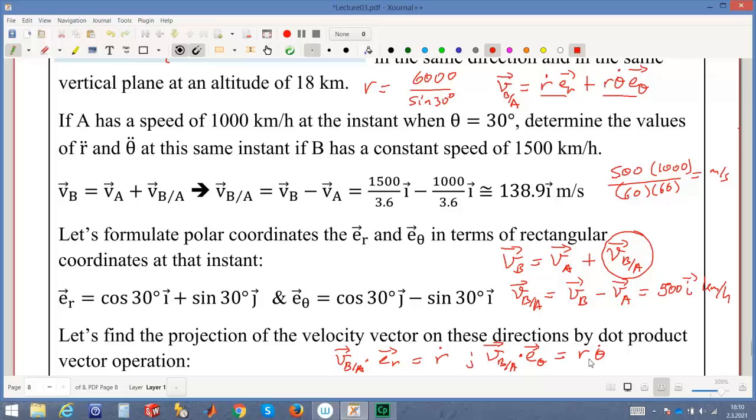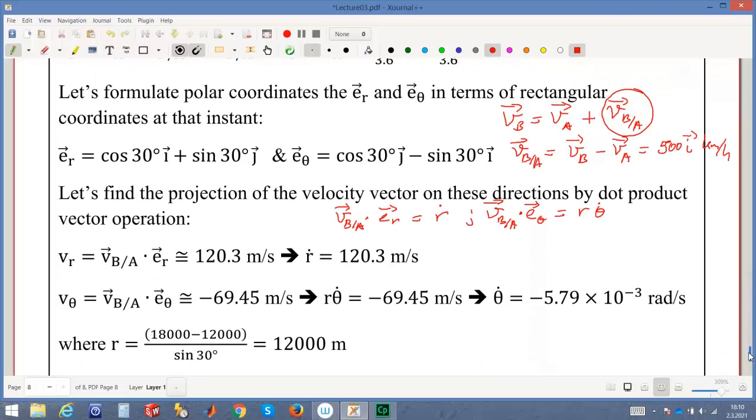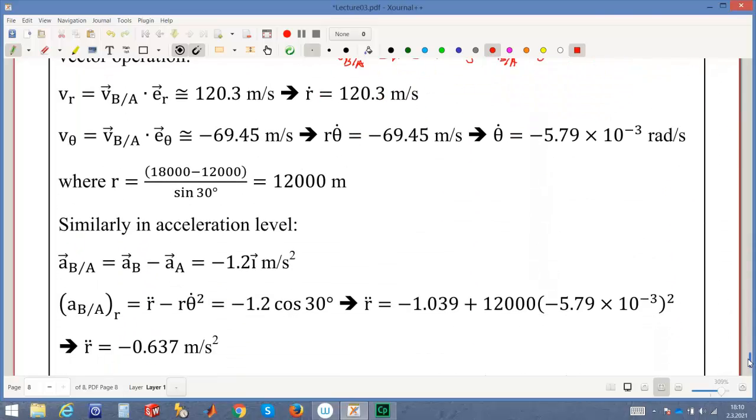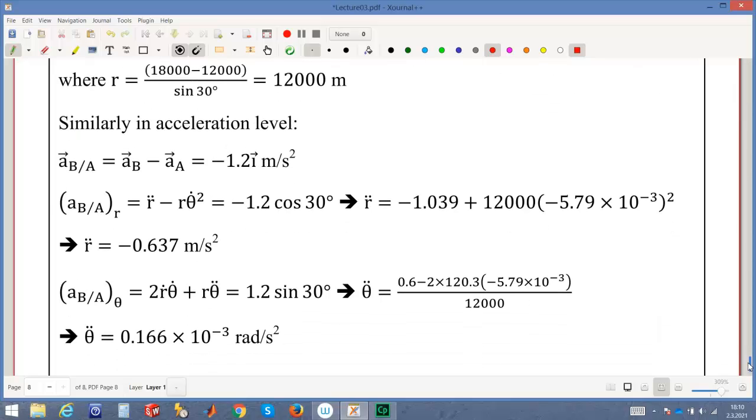We calculated R already, so you can find theta dot, and then you can put this information inside the equation, and then as a result of that you will get the numerical solution, which is already present over here, step by step.